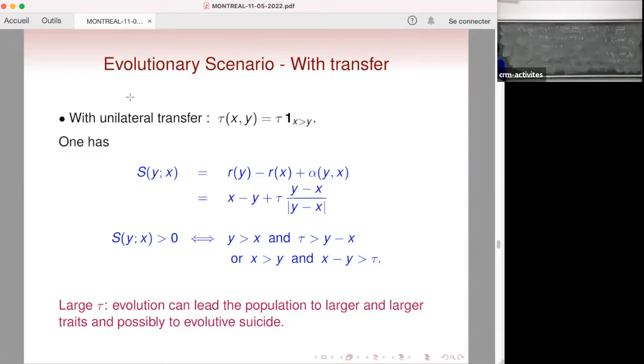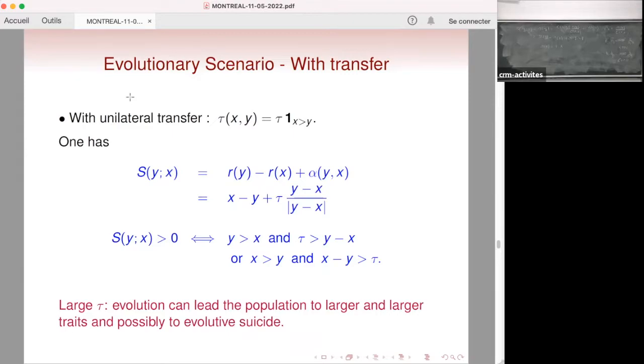Okay. And we can see that the fitness, which governs the outcomes of the dynamical system in this case, is positive if and only if you have two cases: either x greater than y and x minus y greater than tau, or y greater than x and tau greater than y minus x.